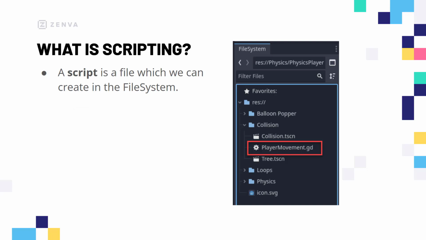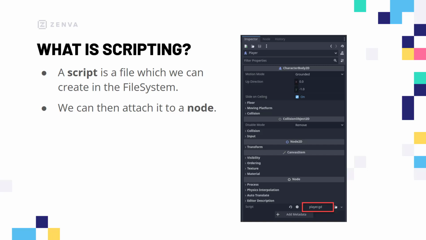Now, a script is merely the name for a file that we can create in our file system, okay? Think of this sort of like a text document, okay? And this contains all of our code. Now, with this script file, we can then attach it to a node. For example, if we want a script to control our player's movement, we might attach a player script to a player node, and that would then control that functionality.